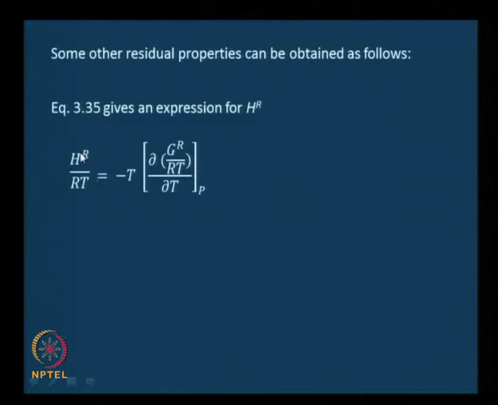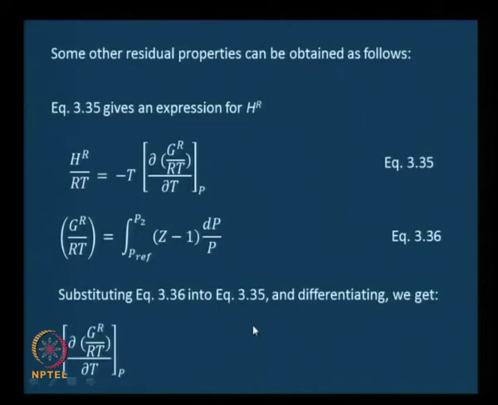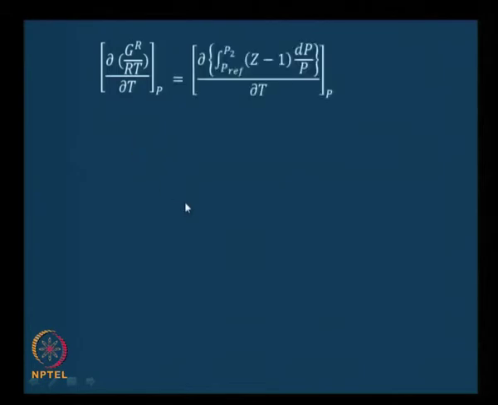Then we had expressions for the other thermodynamic residual properties in terms of measurable properties, this we have already seen. While deriving this, we went through a situation where we needed to differentiate an integral.